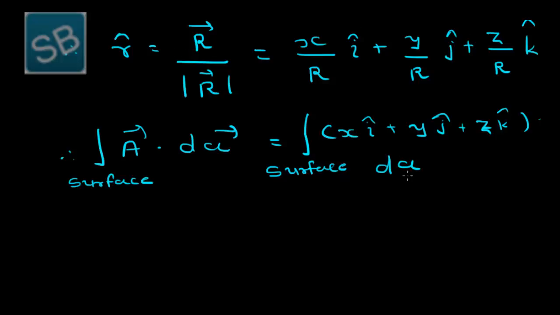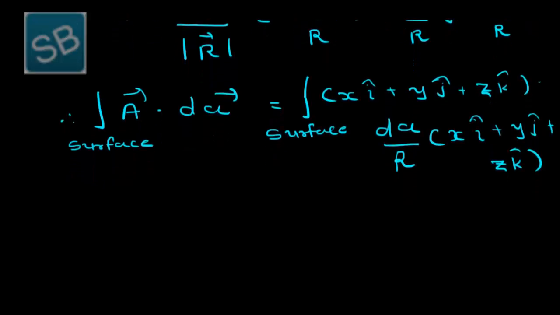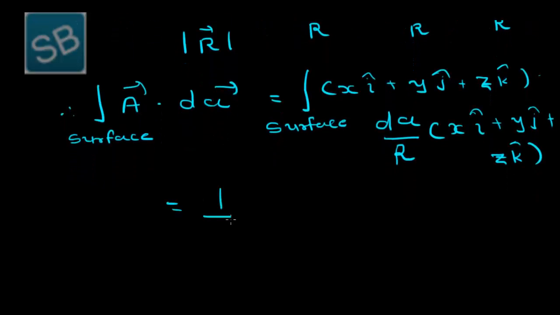In the r cap, 1 upon r is common to all. So 1 upon r, and again the same field vector. Now this 1 upon r is constant with respect to dA, the surface element, so I am taking it outside of the integration. So 1 upon r integration of x square plus y square plus z square dA.